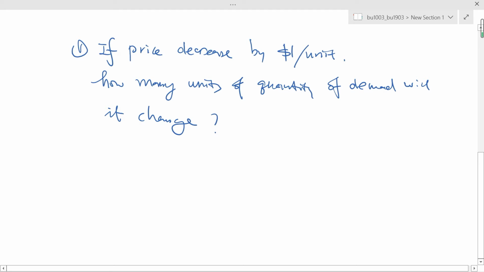How many units of quantity will the demand change, or increase actually?